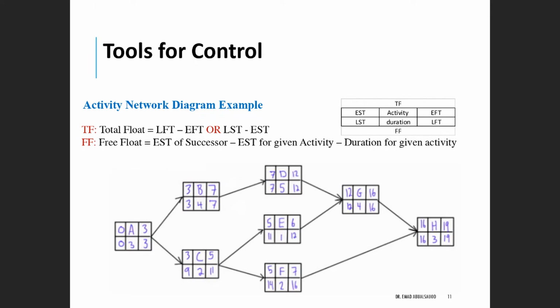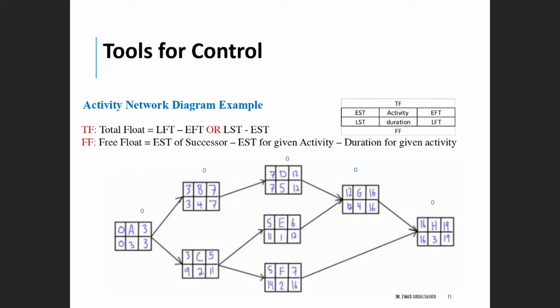And to proceed with that, let's say we are going to take the finish time. In this case, both of them will give you the same answer. So we have 3 minus 3, which is 0, and here 7 minus 7 for activity B will give you 0, and 12 minus 12 for activity D will give you 0, and 16 minus 16 will give you again 0, and the same for H will give you 0.